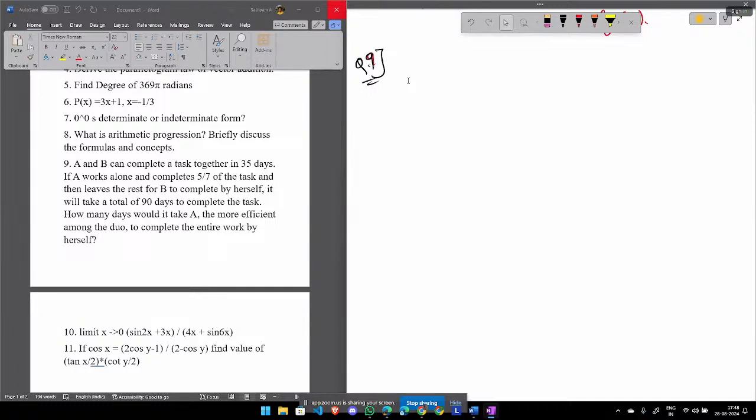If A works alone and completes 5 by 7 of the task and then leaves the rest for B to complete by herself, it will take a total of 90 days to complete the task. How many days would it take A, the more efficient among the duo, to complete the entire work by herself?